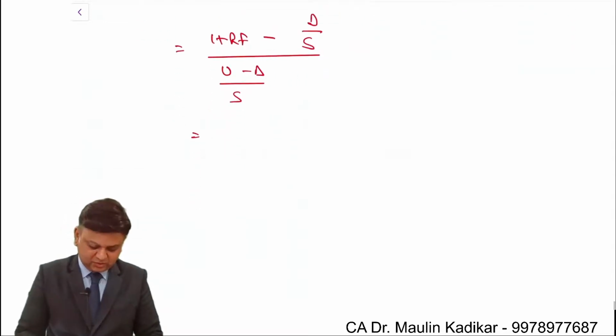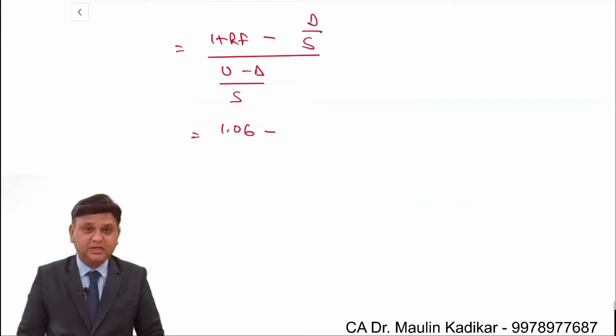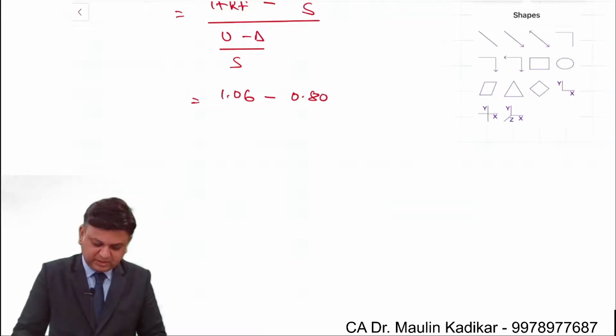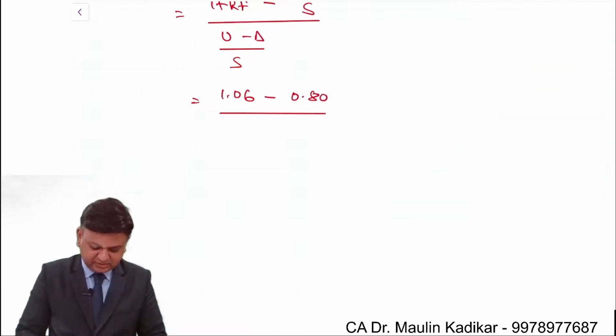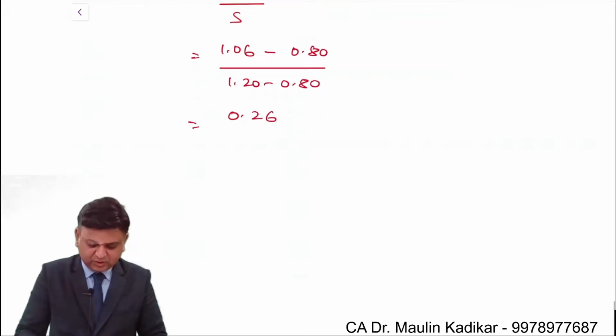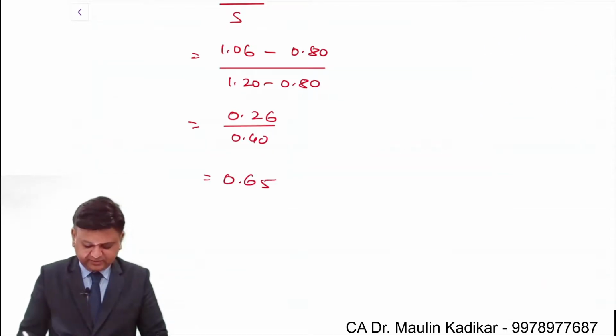So Rf is 1.06 minus D upon S. The price may decrease by 20%. The price may increase by 20%. So 0.26 divided by 0.4, that is 0.65.